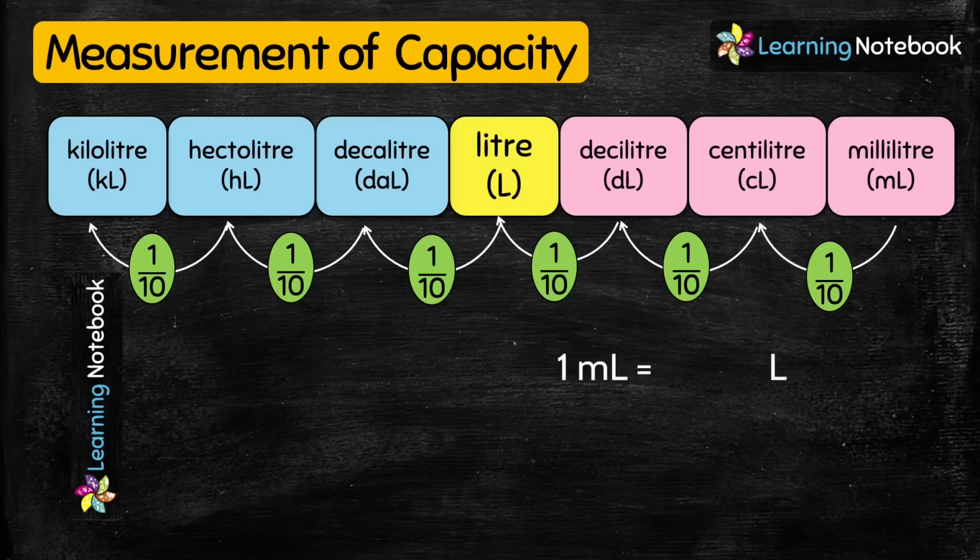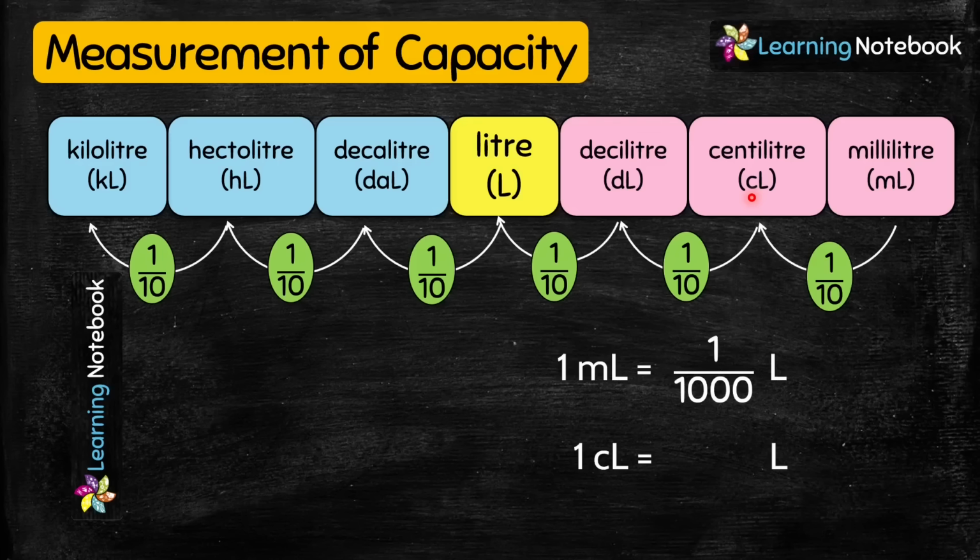So 1 milliliter equals how many liters? Let's see how many times we need to jump from milliliter to liters. 1, 2, 3. 3 times. So it means 1 milliliter equals 1 by 1000 liter. And now let's see 1 cl.